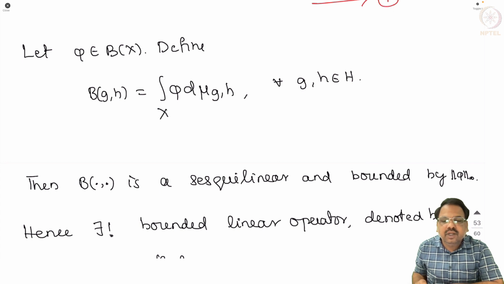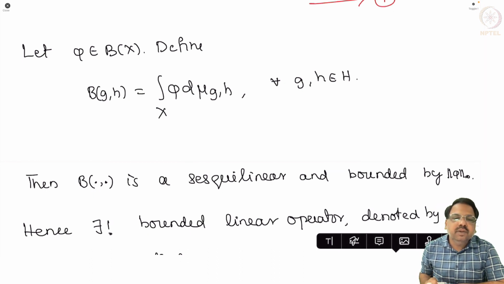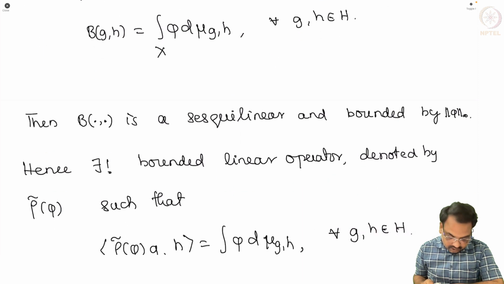Hence there exists a bounded linear operator, let us say it is A from H to H, such that B(g,h) is nothing but the inner product of Ag with h. Since B depends on the function, let us write the operator as rho tilde of phi instead of A.